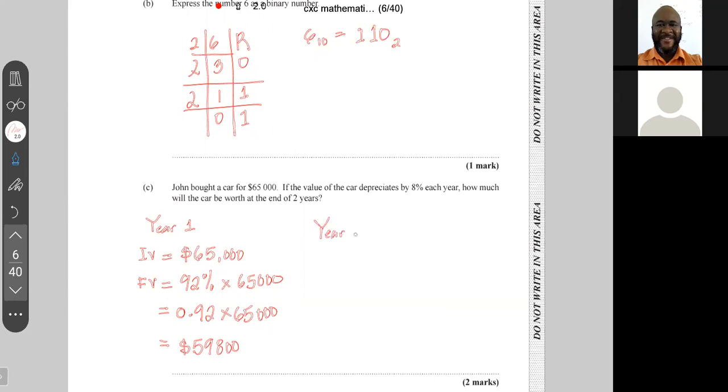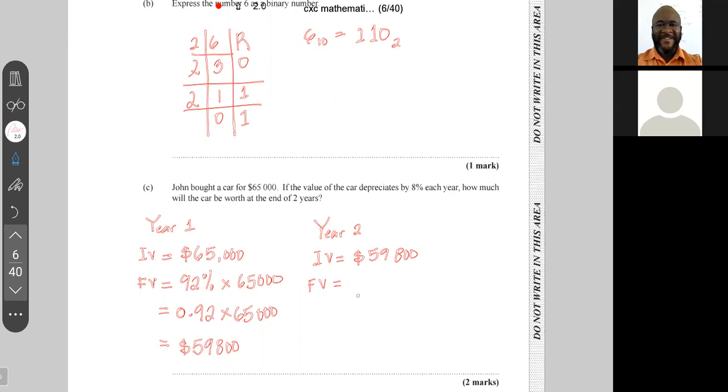All right, now year two. Now remember, every year, the initial value at the start of year two would be 59,800. Whatever is the value at the end of year one is the initial value at the start of year two. Now, the final value is going to be 8% less.